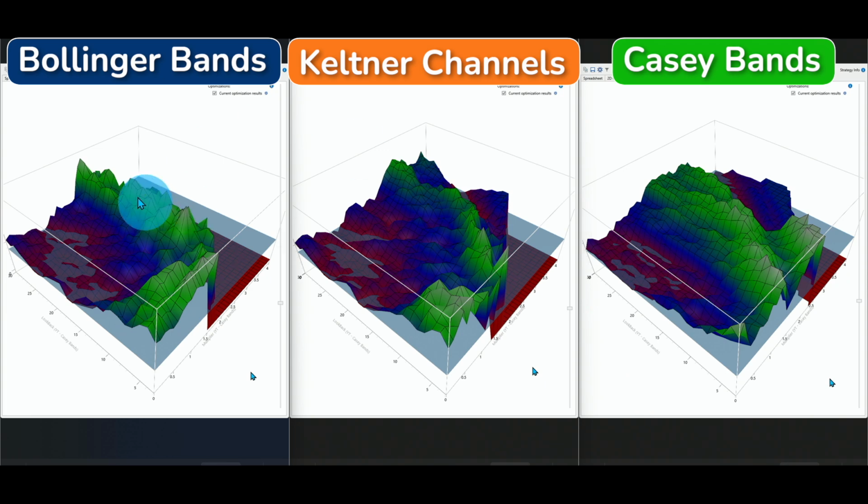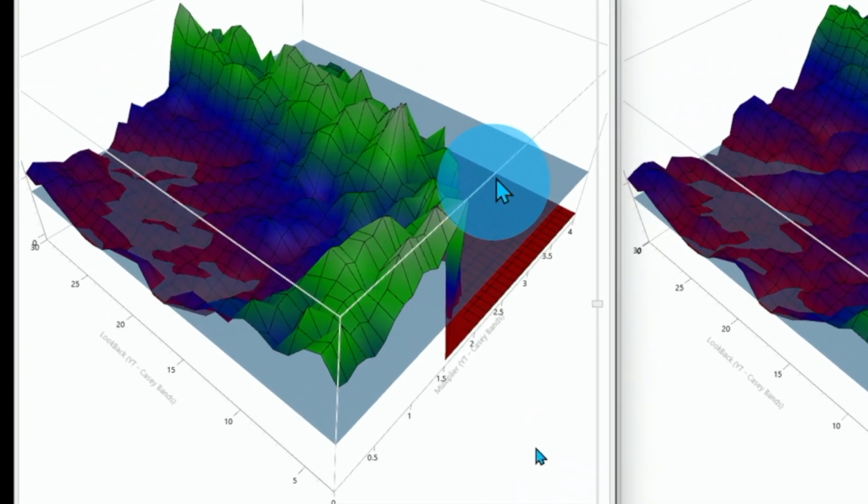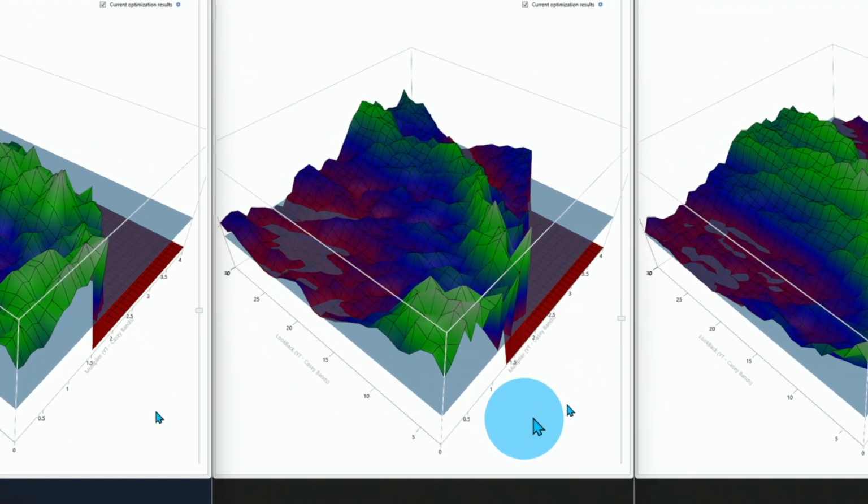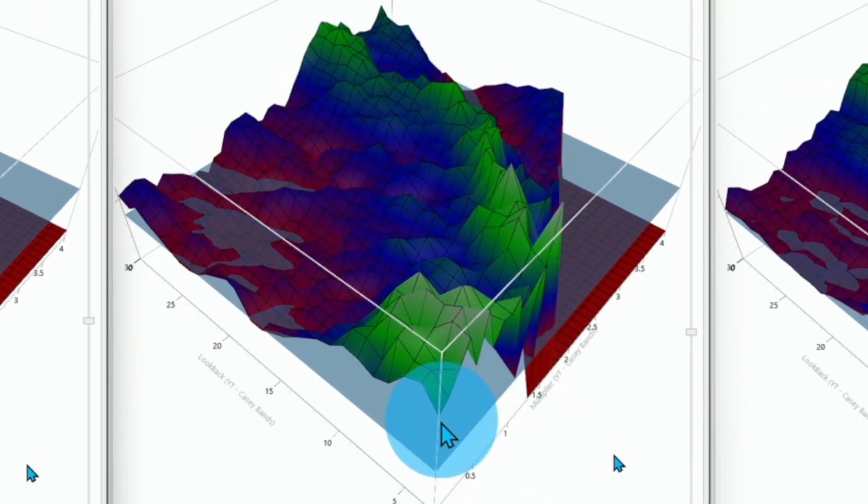So first of all, this is the Bollinger Band. Mainly our best results, I mean anything above $75,000, are between 1.5 and 3 standard deviations and a 10 to 30 moving average. Then there is another band here, which is between a 5 to 10 moving average and 0.1 to 1.5 standard deviations. Then on the Keltner Channel, we have less profitability.